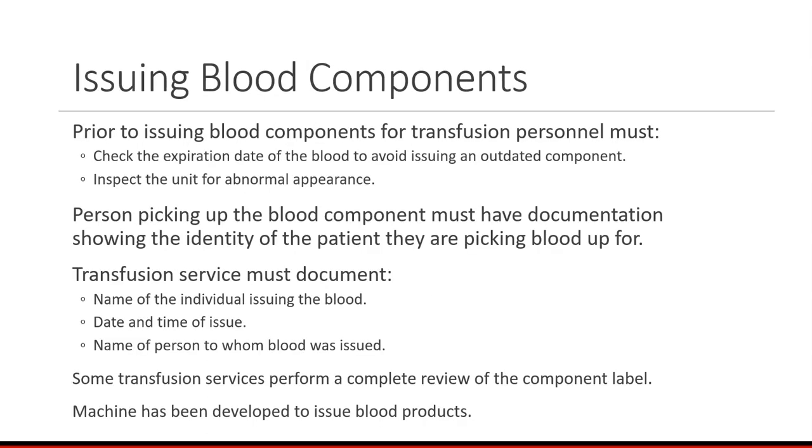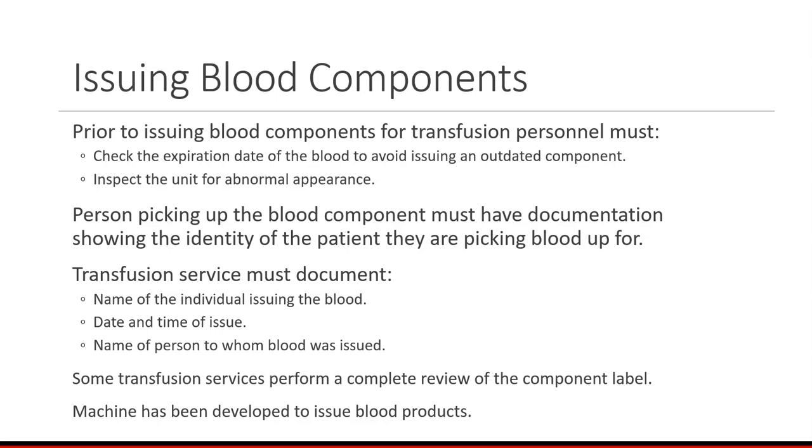Prior to issuing blood components for transfusion, personnel in the blood bank must check the expiration date of the blood component to avoid issuing an outdated component and inspect the unit for abnormal appearance. For example, in a red cell unit, I'm going to check it for clots or hemolysis at the sprig closest to the donor unit. And a platelet, I'm going to look for clumping of the platelets.